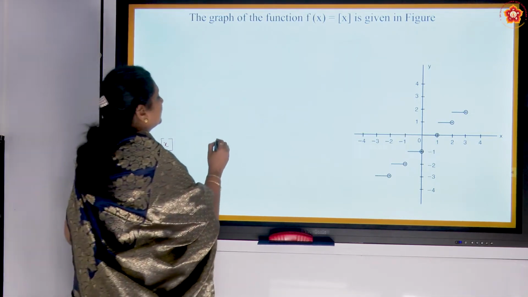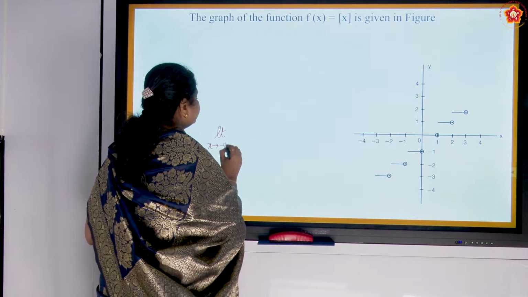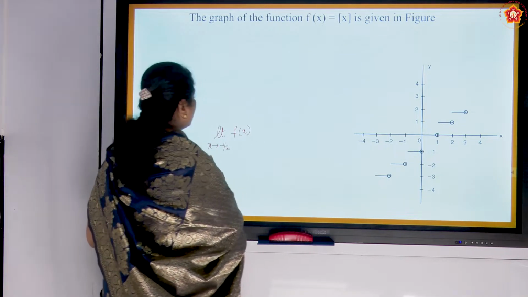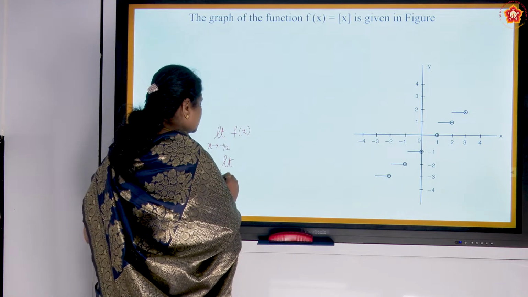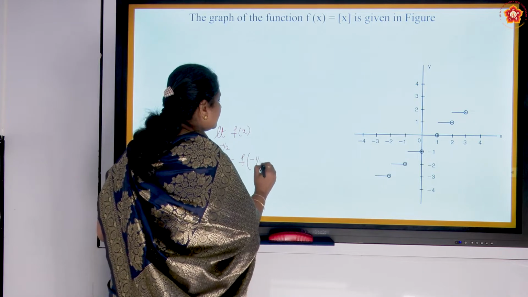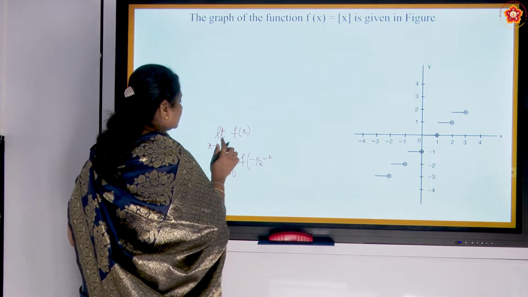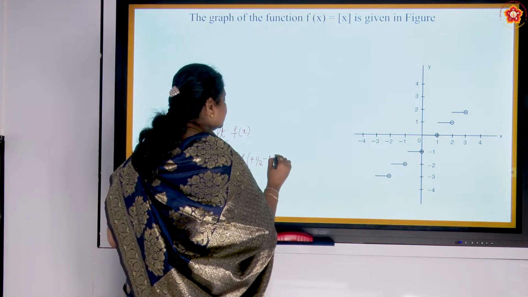Let's see what happens when x tends to half from the left. How do we see this? Limit h tending to 0, f of half minus h.